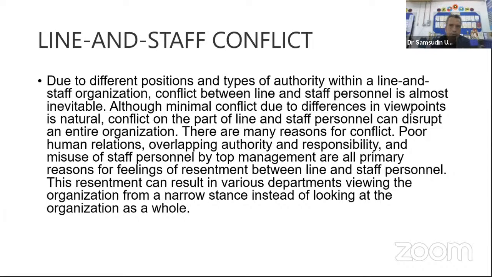Due to different positions and types of authority within the line and staff organization, conflict between line and staff personnel is almost inevitable. Although minimal, conflict due to differences in viewpoint is natural. Conflict on the part of line and staff personnel can disrupt the entire organization.